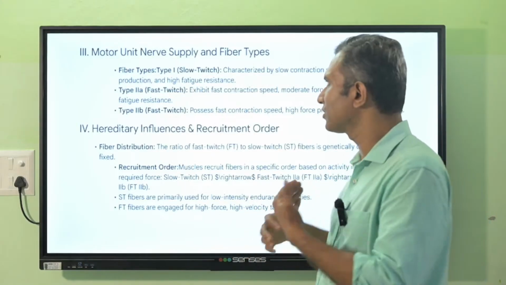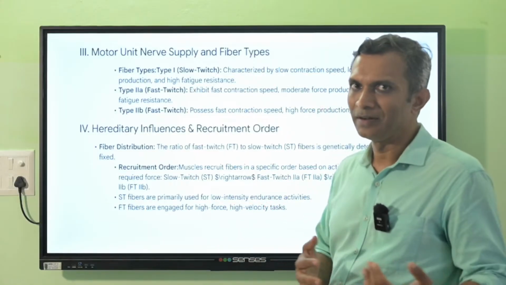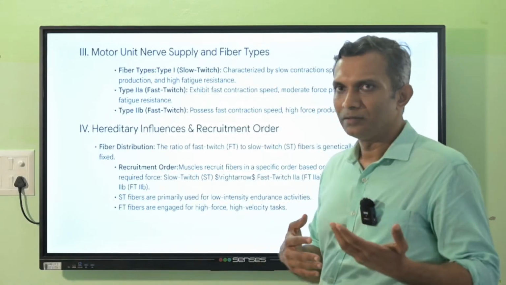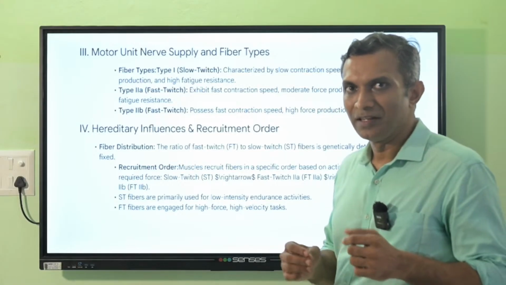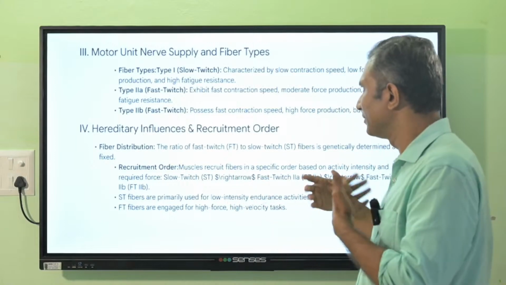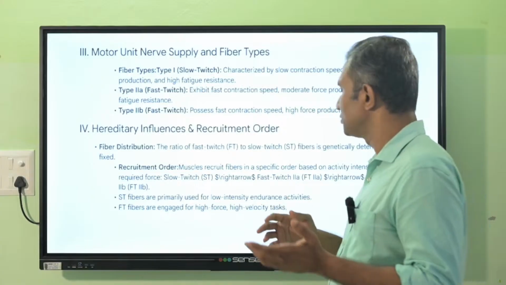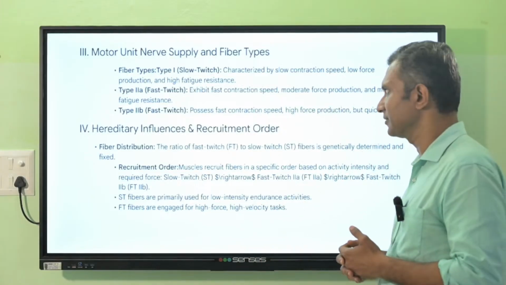So the way we train type 1 fiber is entirely different from type 2. It is always advisable to train type 1 muscle fiber with low load weight for a longer duration of time, because based on its biomechanical characteristics, they have slow contraction speed, low force production, and high fatigue resistance.